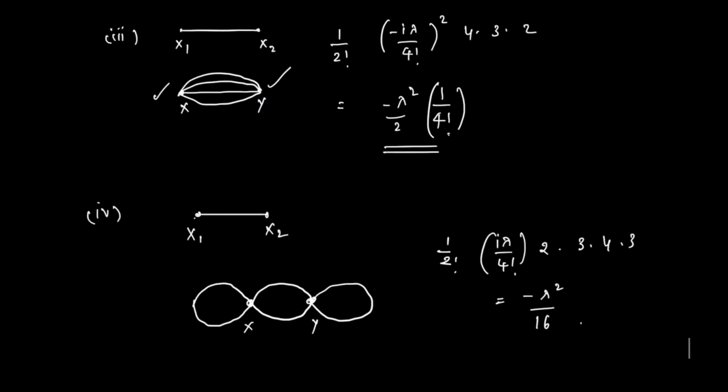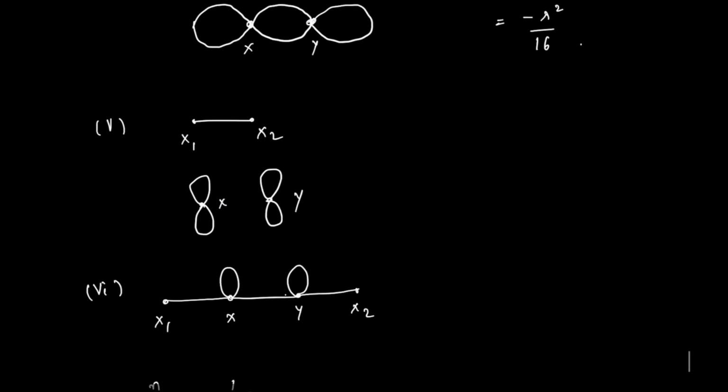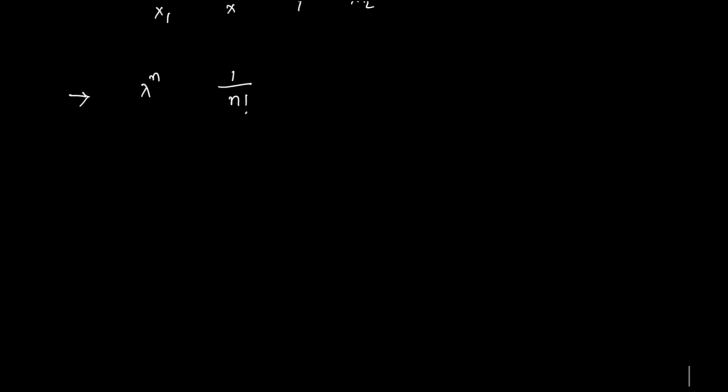Therefore, for any n interacting vertices, you can have n factorial ways of permuting these vertices, right? And these two will get cancelled, which is known as the modulo symmetries in permuting vertices.